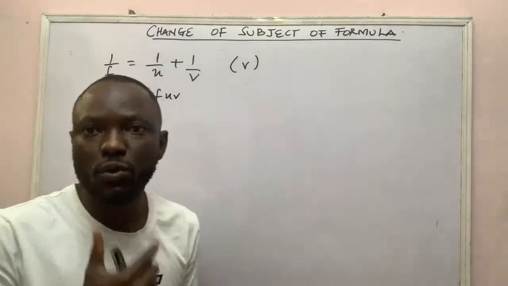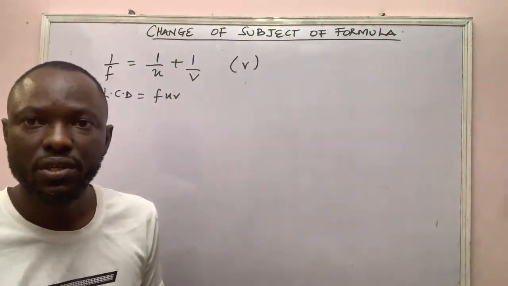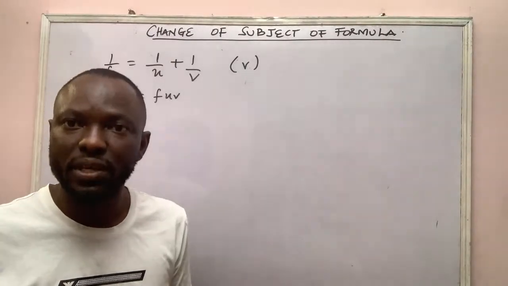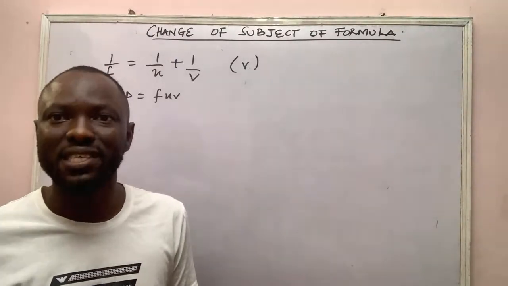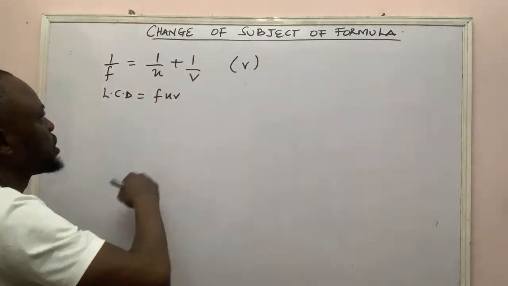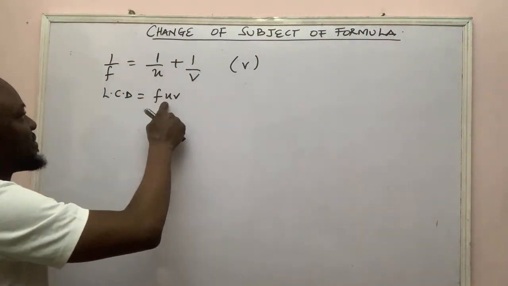So basically, if you watch my previous video, you multiply through each term in this expression by the LCD. There are three terms, this term, this term, and this term, and I'm multiplying each term by the LCD.